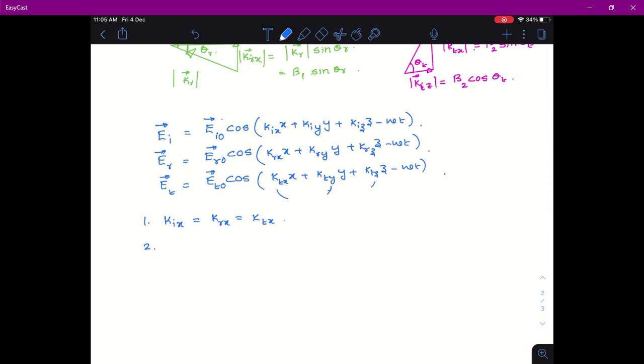Second, Kiy is equal to Kry is equal to Kty.